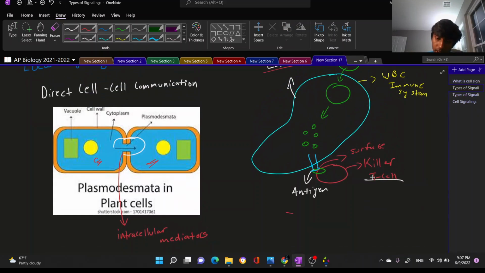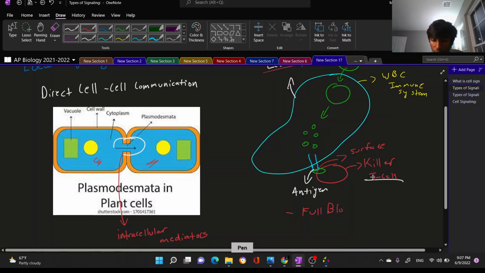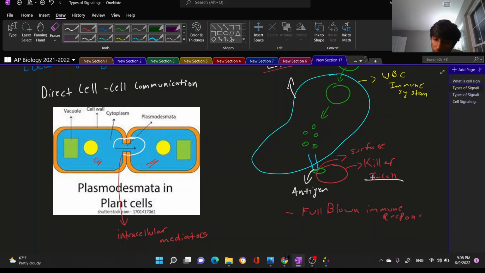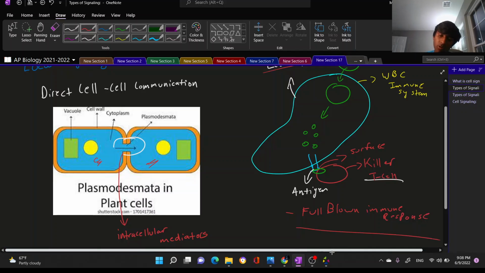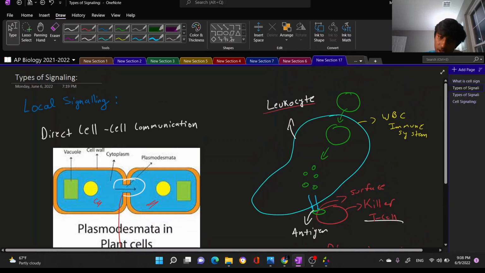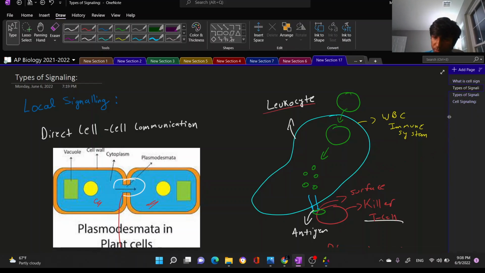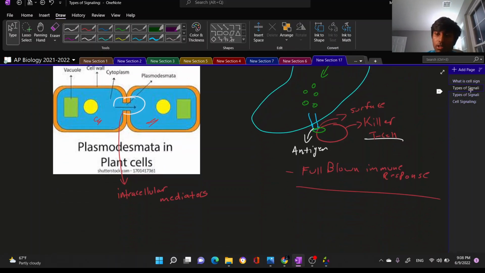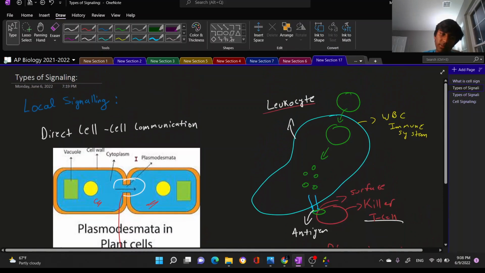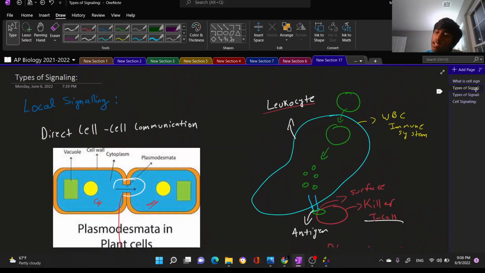That can be a full-blown immune response, or whatever the cell decides to do. So that's just a couple examples of direct cell-cell communication.